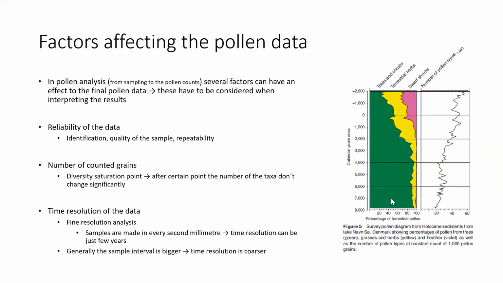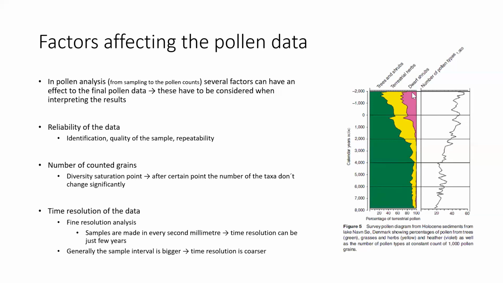For example, it's good to take into account that when we are analyzing the samples through the core, from every slide and every depth you count the same amount of pollen. You won't get reliable results if at the bottom of the core you, for example, count 500 grains per sample, and at the top 1,000 grains per sample.